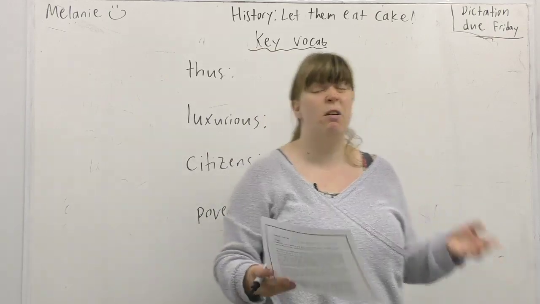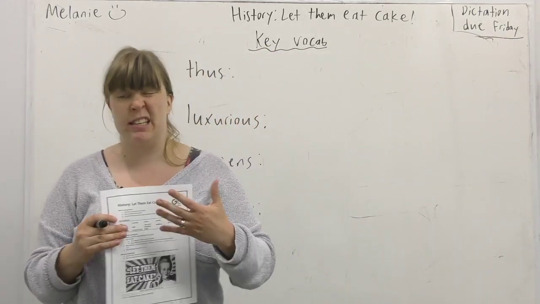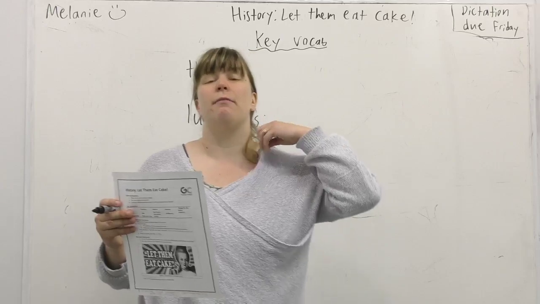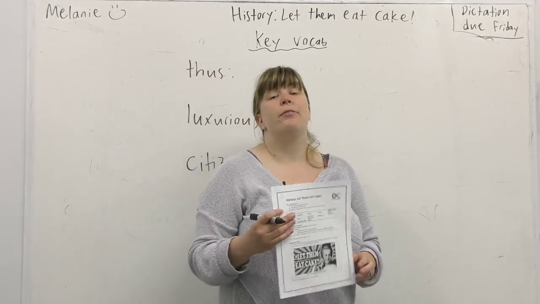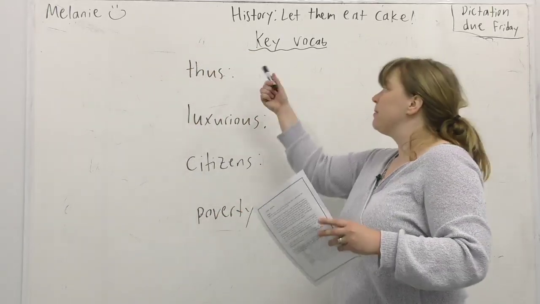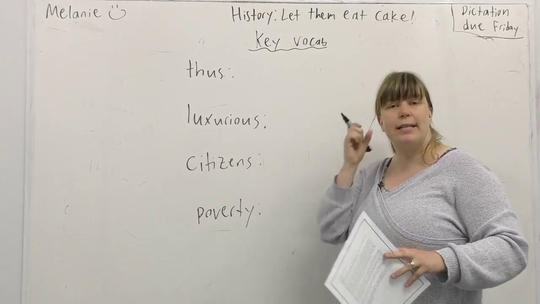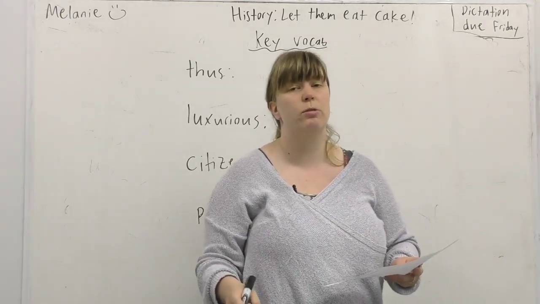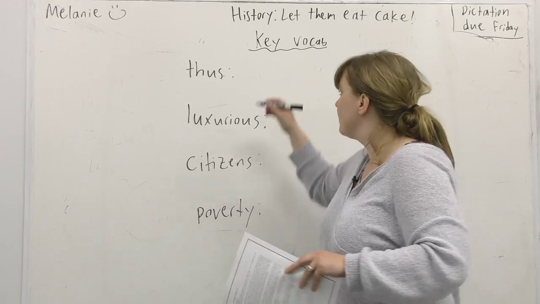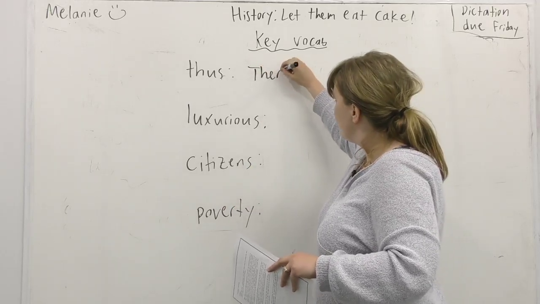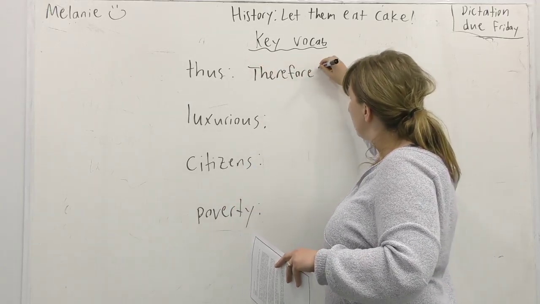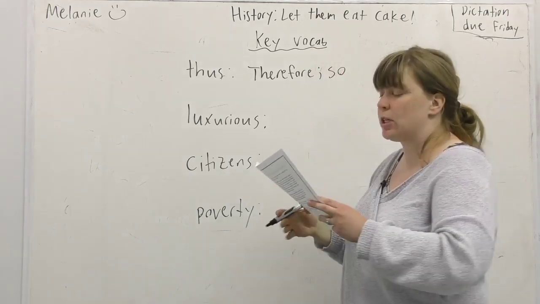Okay, so I'm gonna go over most of these words. Maybe not all of them. Right, let's go over this. Thus. Okay, so thus is similar to therefore. So therefore, or it could almost even be something similar to so.